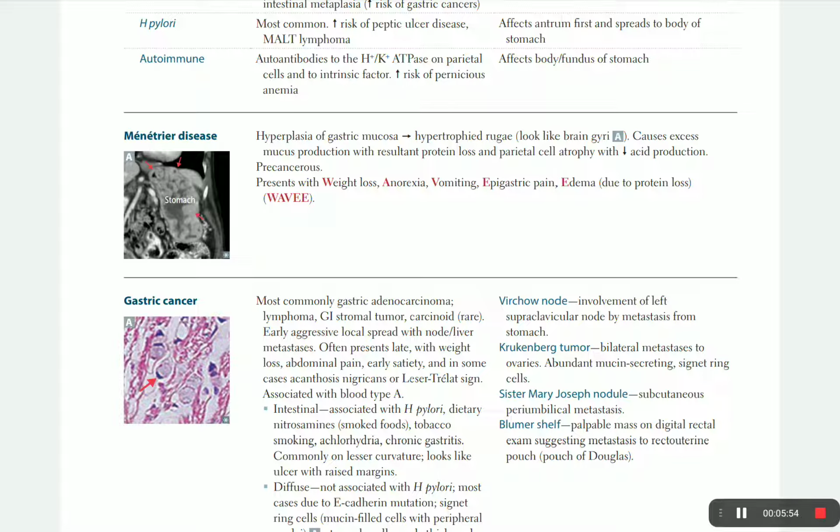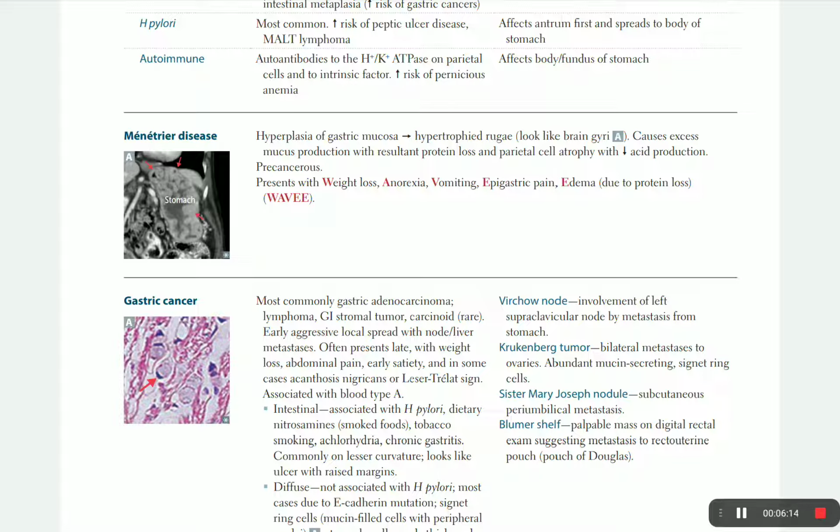It is a precancerous disease. Here it is not a metaplasia, it's hyperplasia. We're gonna talk about the hyperplasia or hypertrophy and the metaplasia in detail in the pathology chapter in next videos.